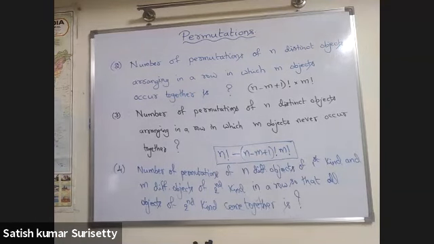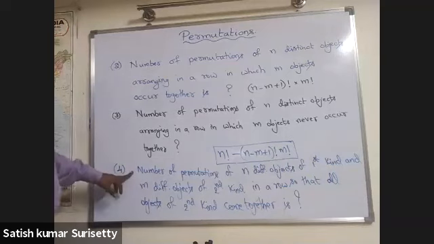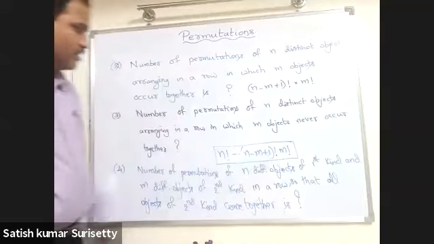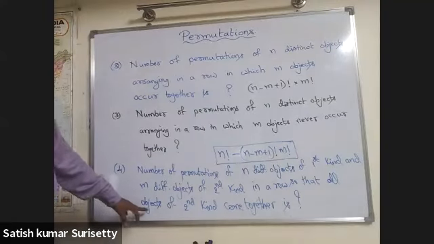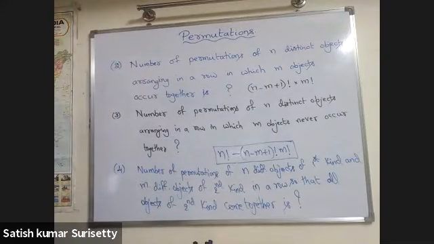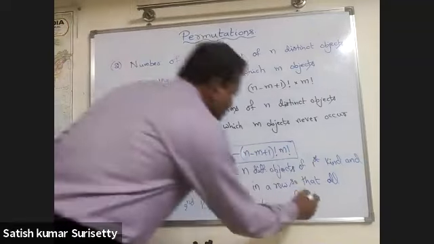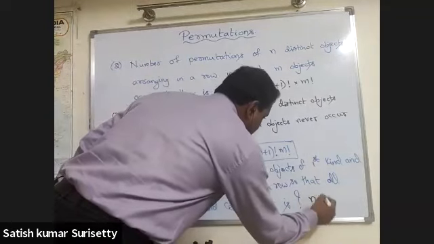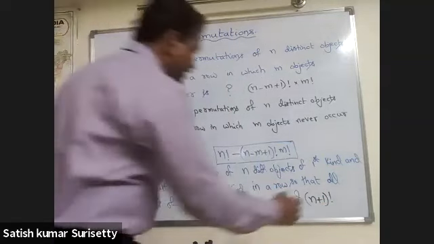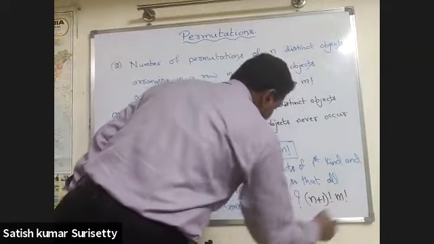Number of permutations of n different objects of the first kind and m different objects of the second kind in a row, so that all objects of the second kind come together, is (n plus 1) factorial into m factorial.